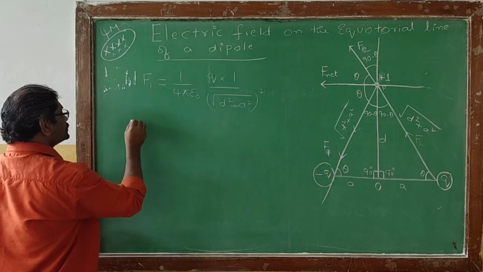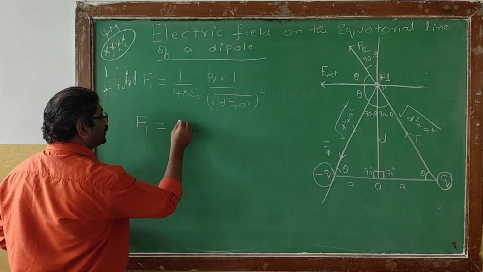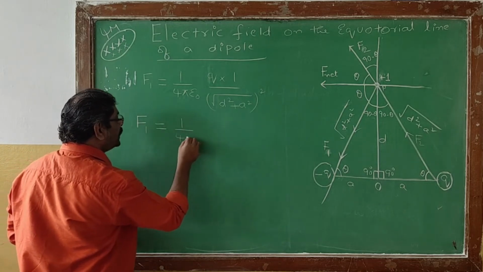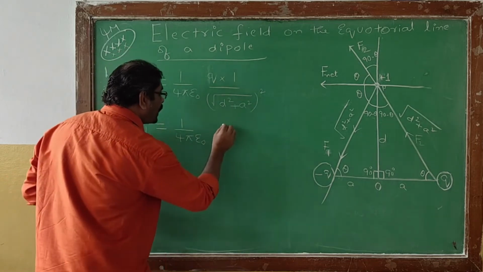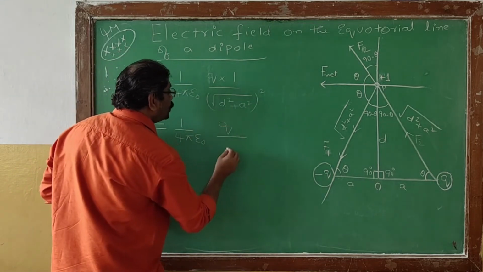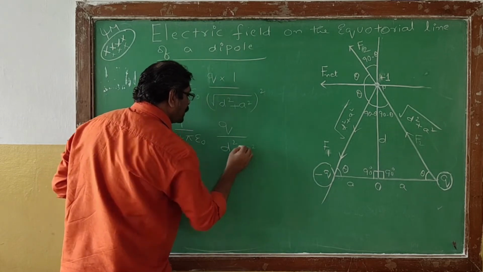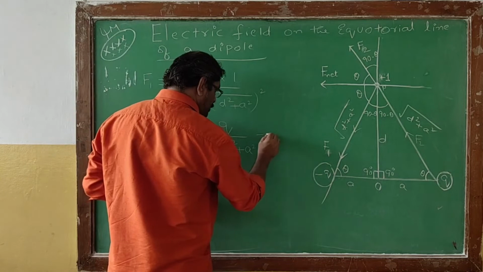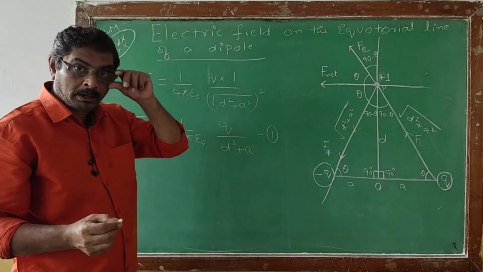That is the reason why the magnitude of F1 will be numerically equal to 1 by 4 pi epsilon naught q divided by d square plus a square. Let us call this equation number 1.